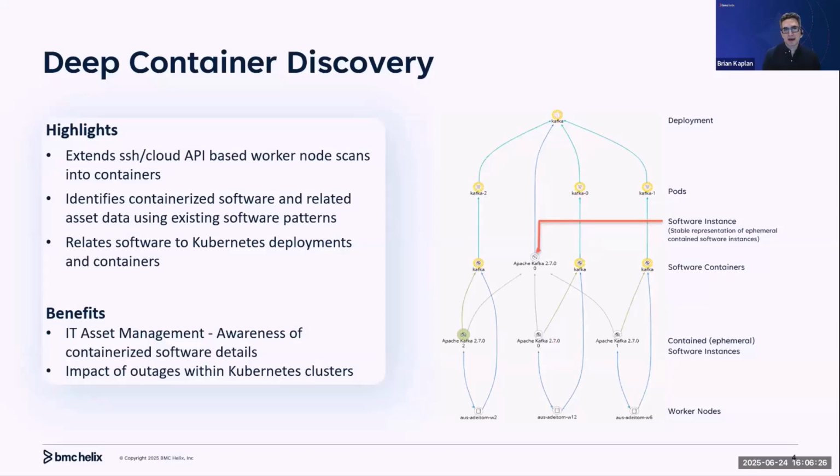But basically, we have extended the scanning that we do for SSH into the worker nodes, or cloud-based scans of the worker nodes themselves, the servers, and we've extended it to get into the container itself, and Adam will explain how we're doing that later. But getting into the container itself to understand what software is present, what the versions are, and so forth, and relating that in the model that you see on the right-hand side.